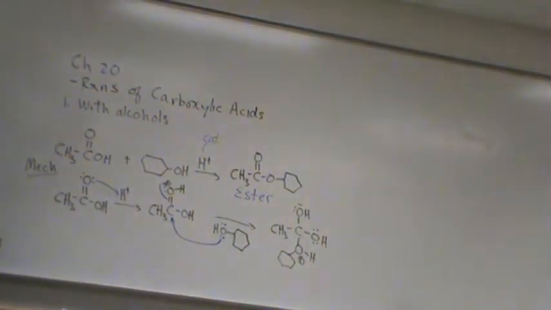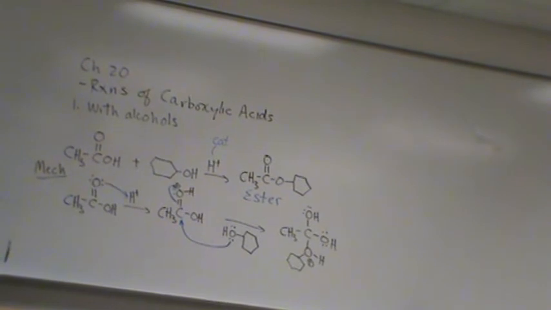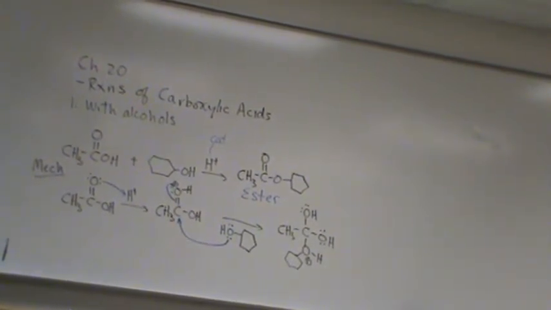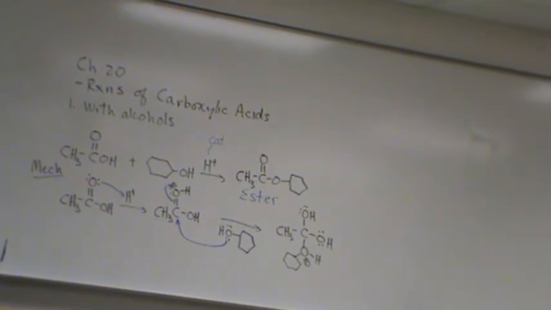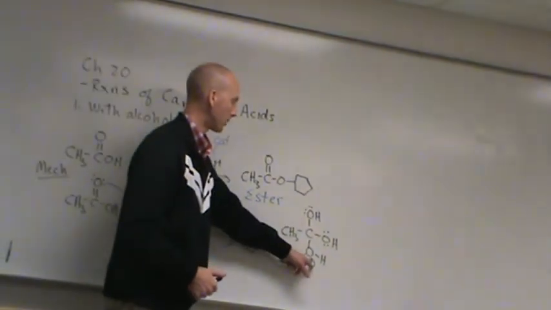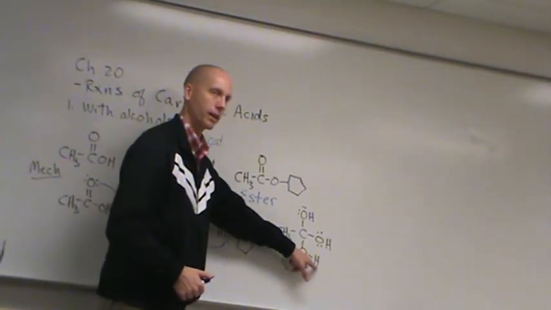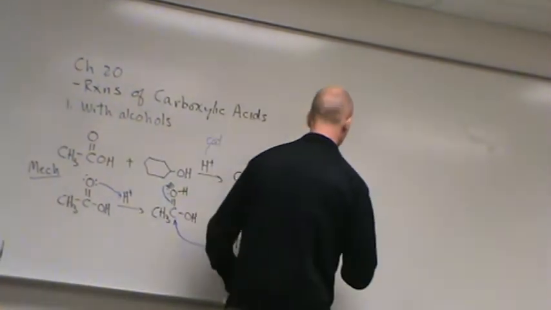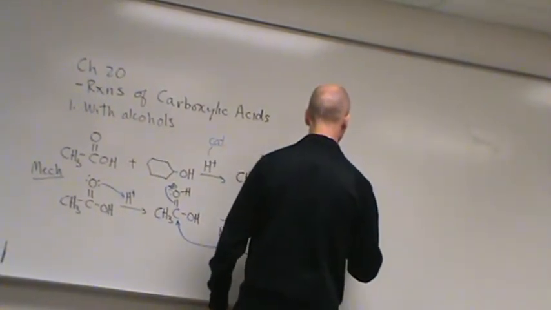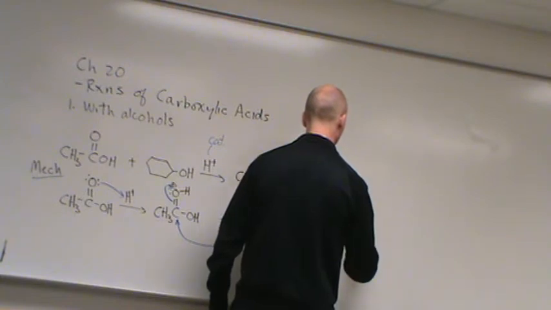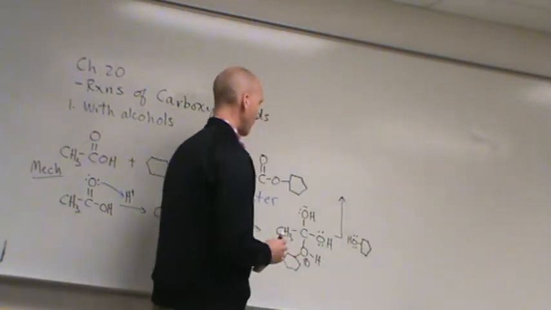So that big clumsy alcohol has added on. And note we have oxygen with three bonds, so positive charge. So that makes that hydrogen what? Acidic, so we can remove it. So we'll bring in another alcohol to do that.